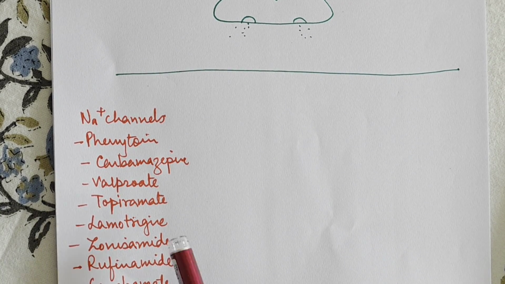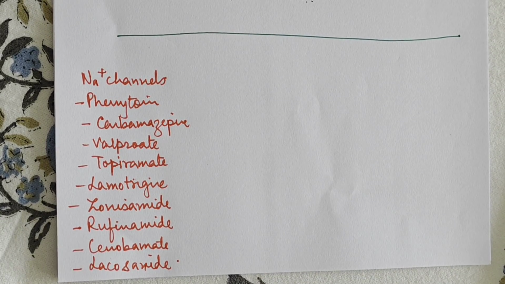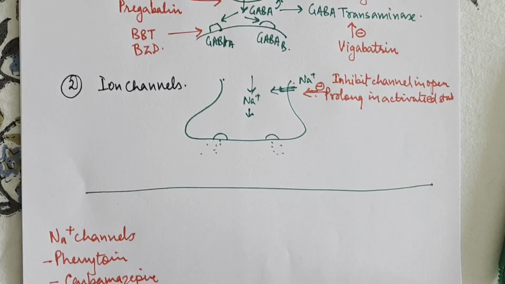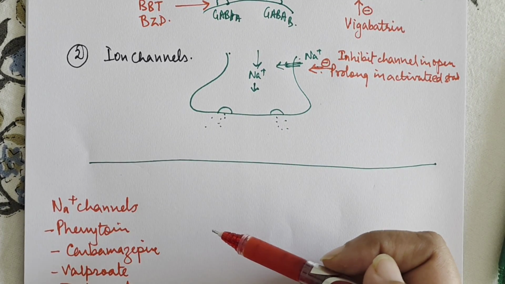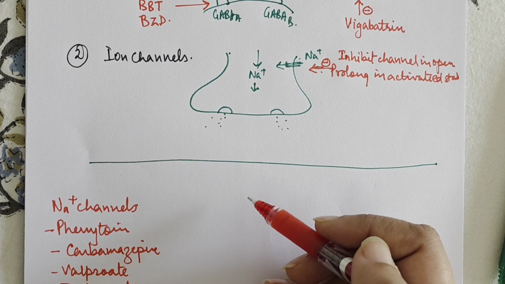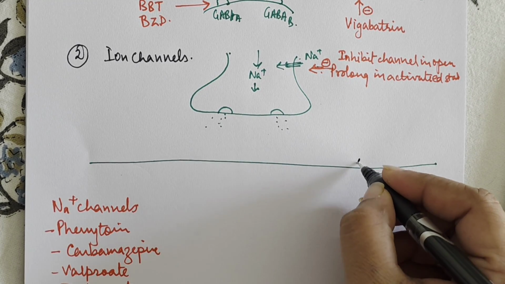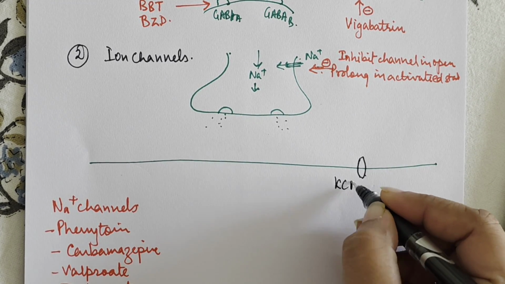So these are the drugs acting through the sodium channels. Many drugs are inhibiting the sodium channels and thus reducing the depolarization, as you can see here. Okay, so this is their whole action. After that, there are some potassium channels, and the name of these potassium channels is KCNQ.